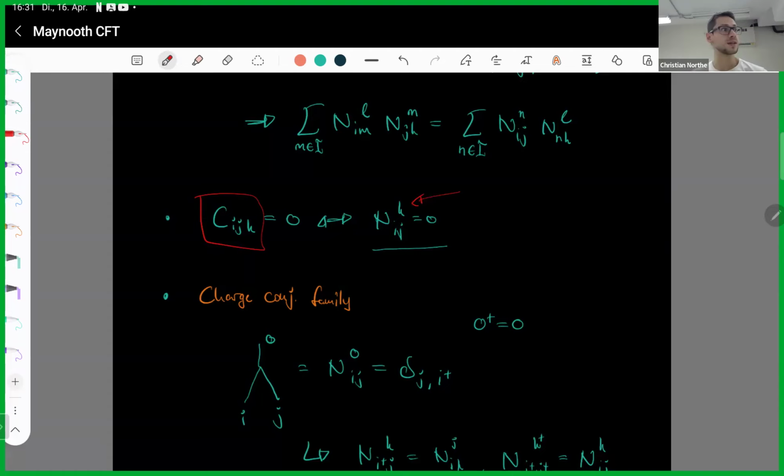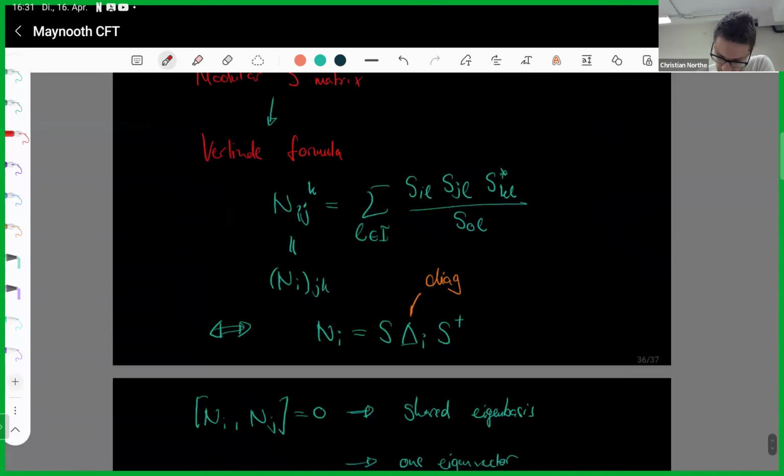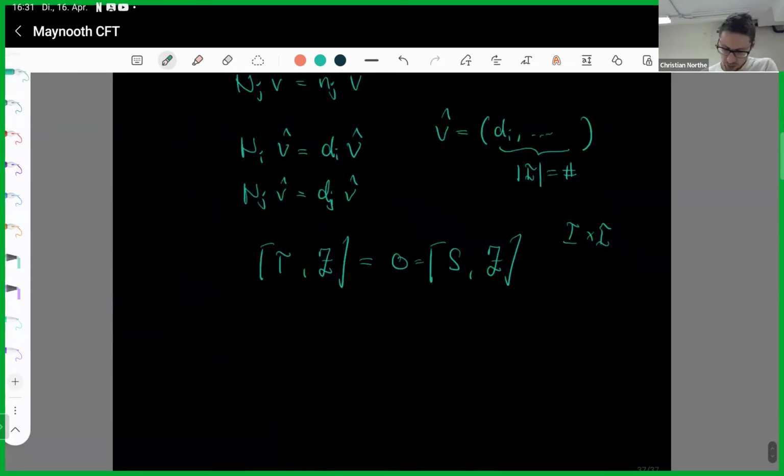Let me give you an example. I didn't really discuss operator product expansions here in the lectures. From the fusion coefficients, I know that this thing here is going to be 0 or non-zero, and that's basically all I can say.